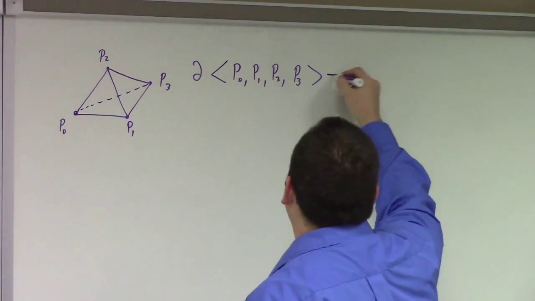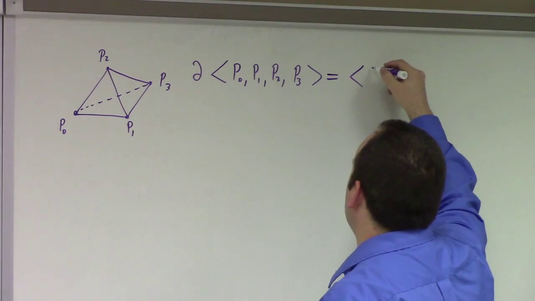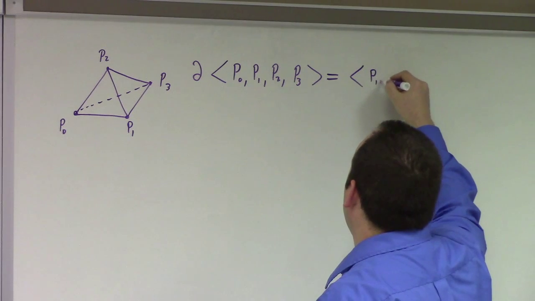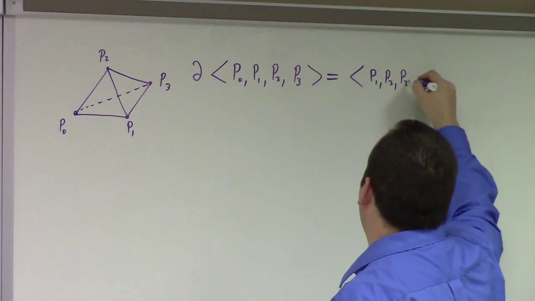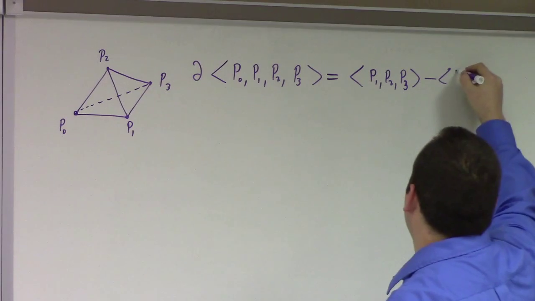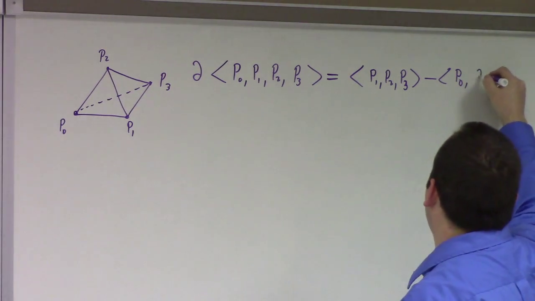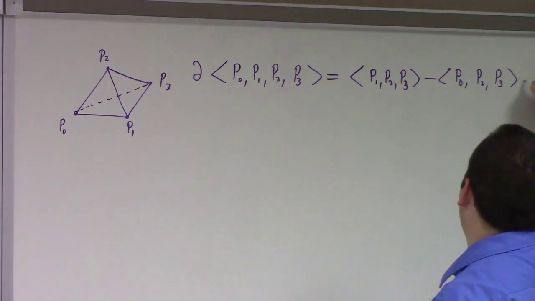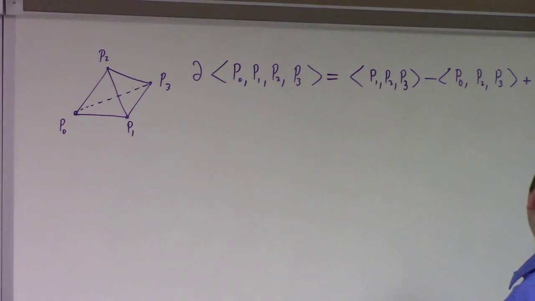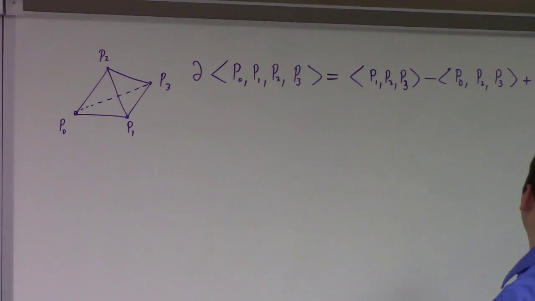So this would be P1P2P3 minus P0P2P3 plus P0P1P3, and minus again P0P1P2.